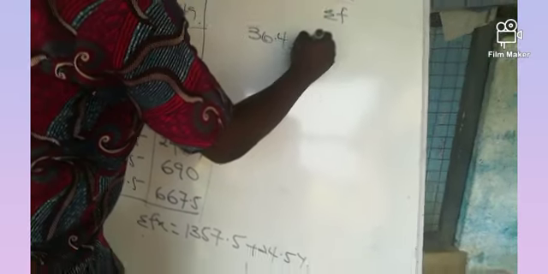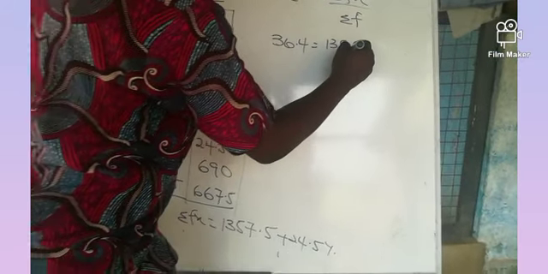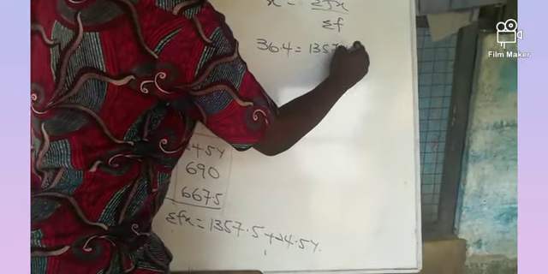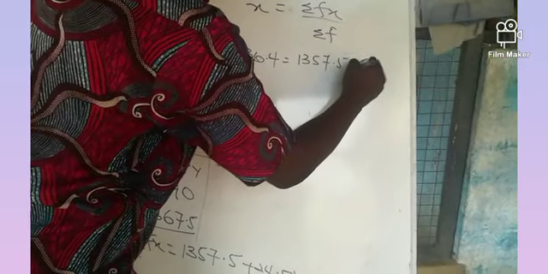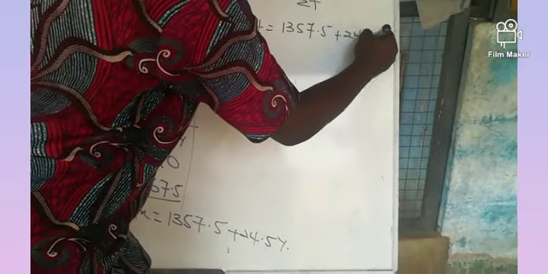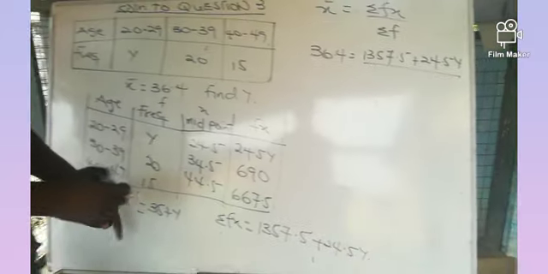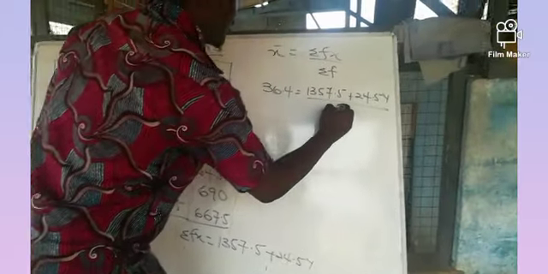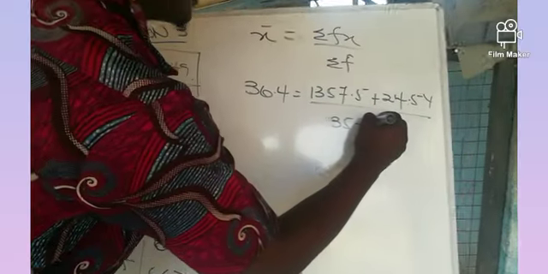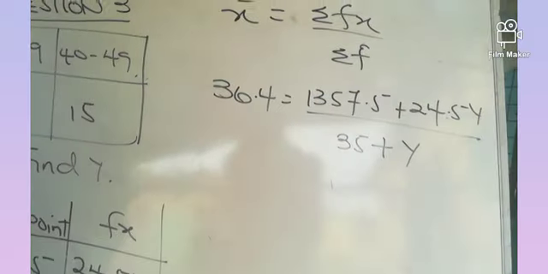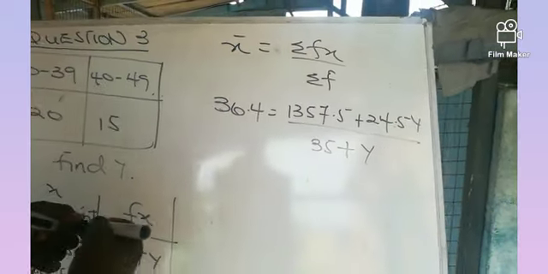What is it? You have 1357.5 plus 24.5y all over summation of f. We have 35 plus y. So now we can continue from here.